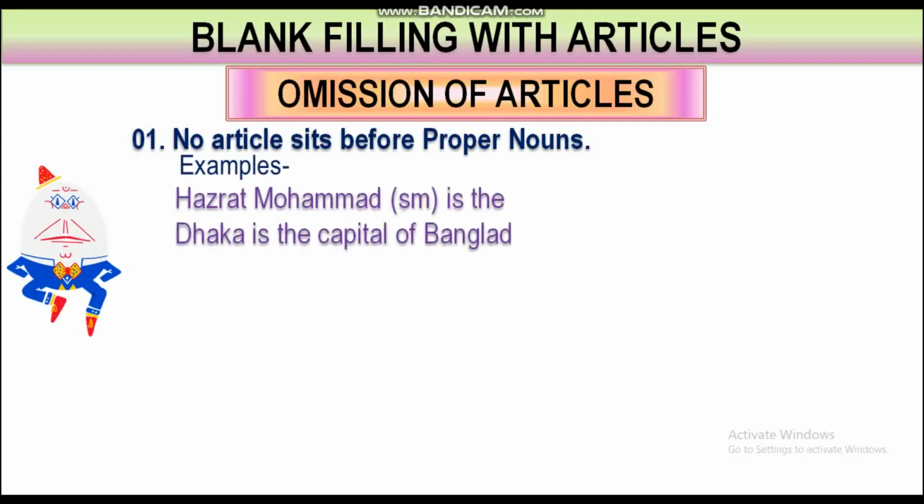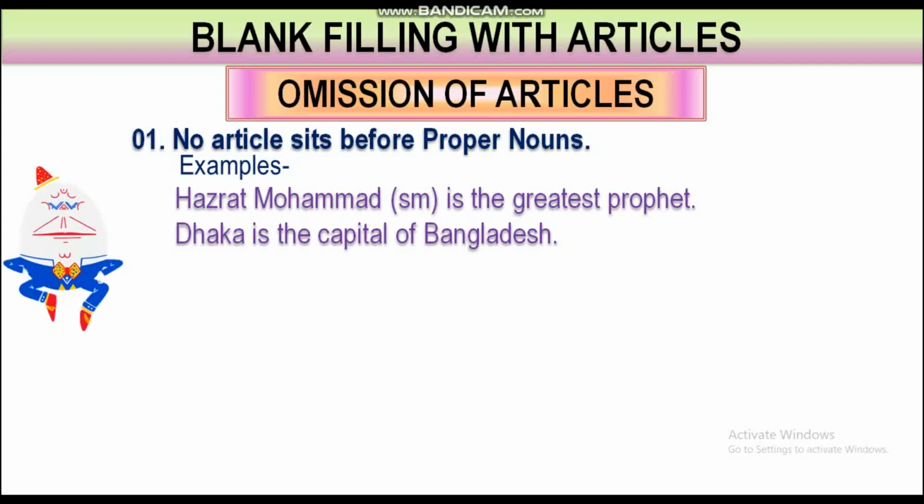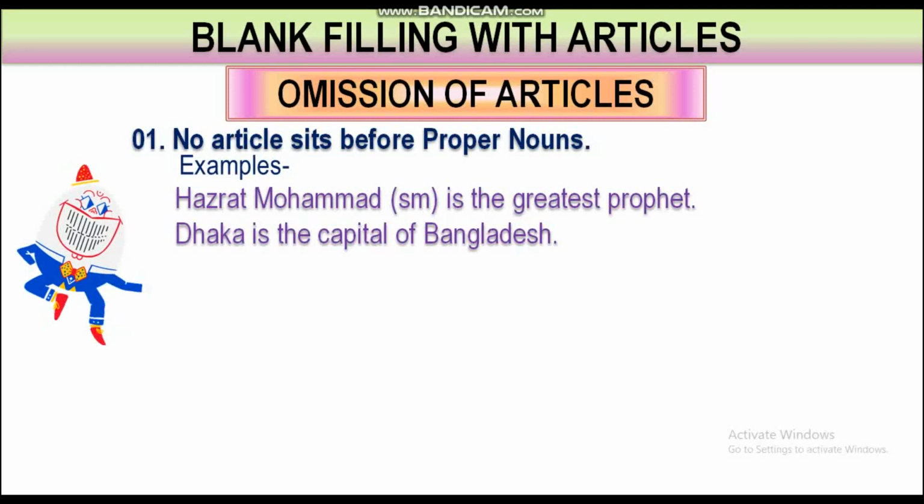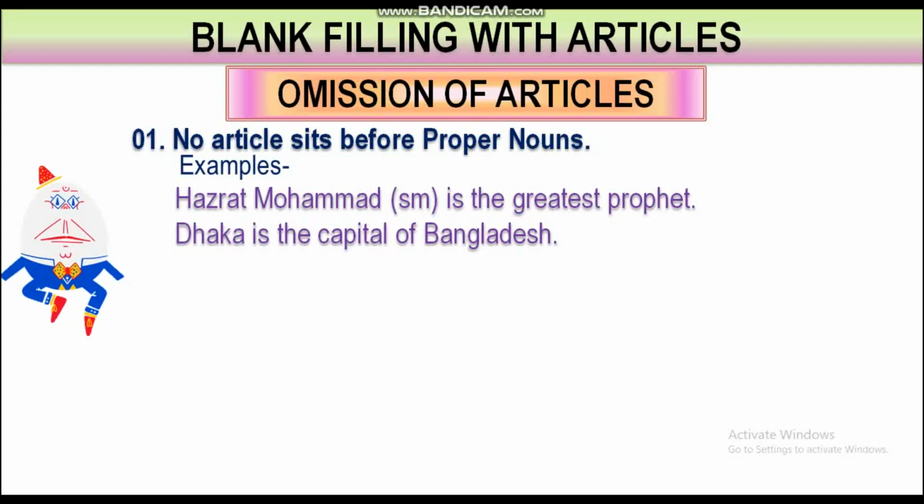For example, Hazrat Muhammad sallallahu alaihi wasallam is the greatest prophet. Dhaka is the capital of Bangladesh. Here in the sentences, Hazrat Muhammad sallallahu alaihi wasallam and Dhaka are proper nouns, and that's why no article is used before them.